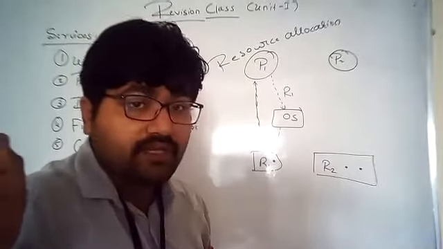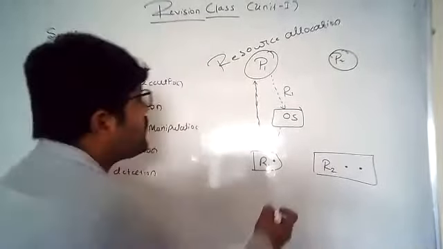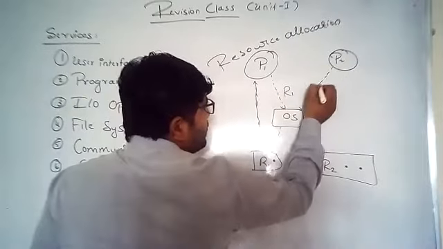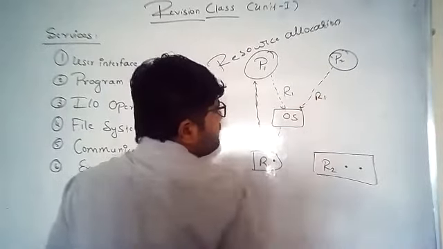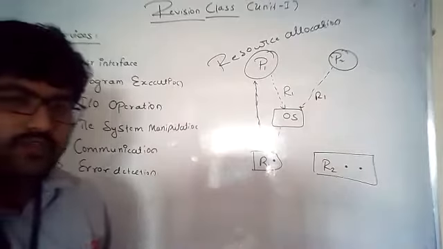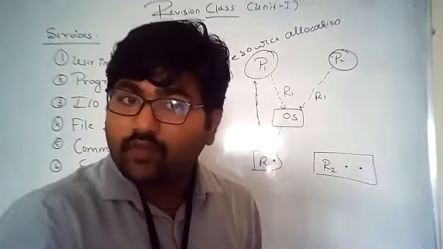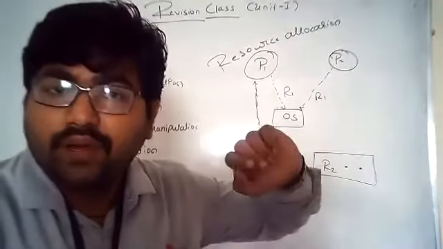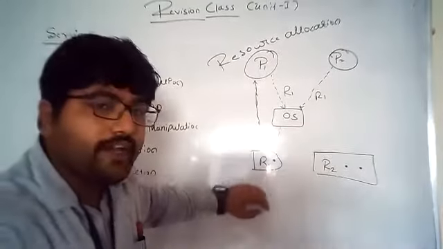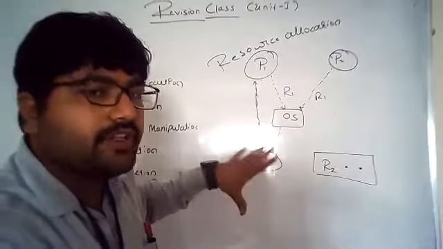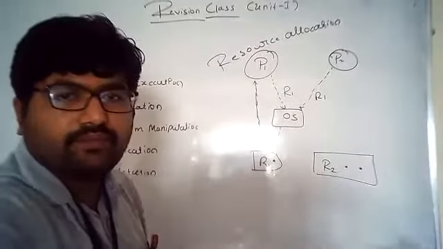So next, what happens here? P2 is going to request R1. P2 is going to request R1. But the OS has already given it to P1, not to P2. Correct?